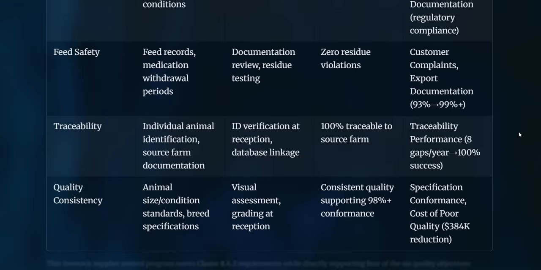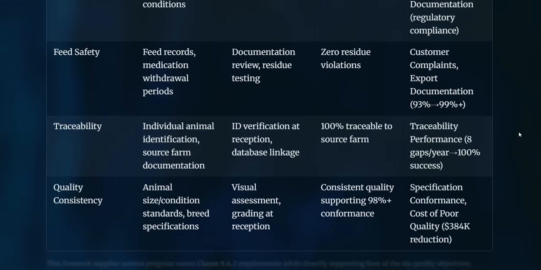We have to make sure everything is linked. What objective are we impacting with this control? Traceability performance. Currently, our organization has 8 gaps per year, and we want to improve that to 100% traceability success.